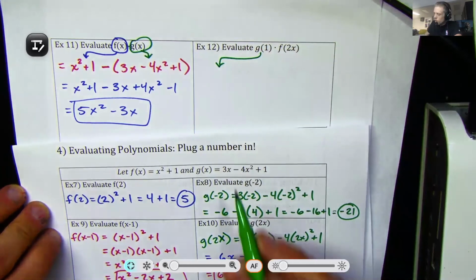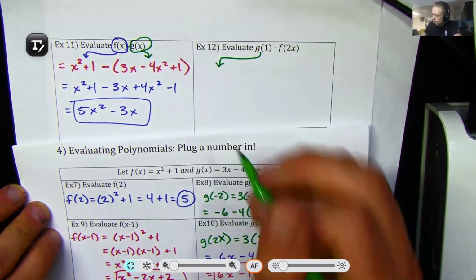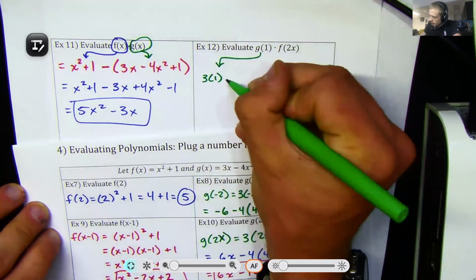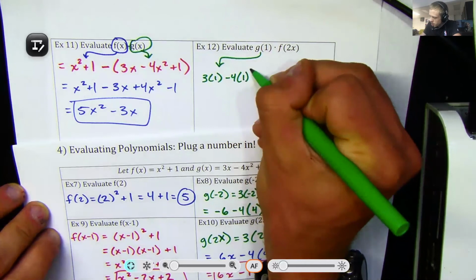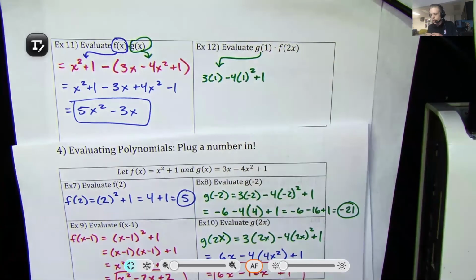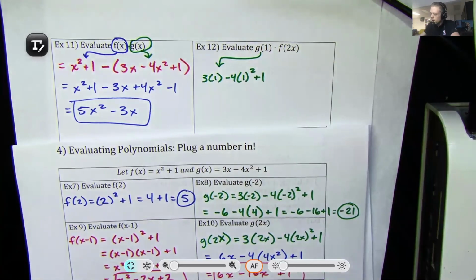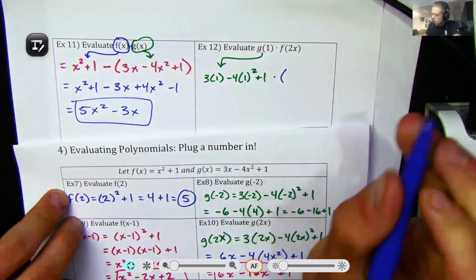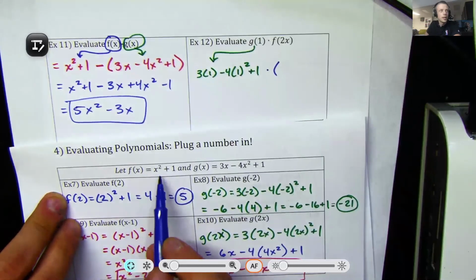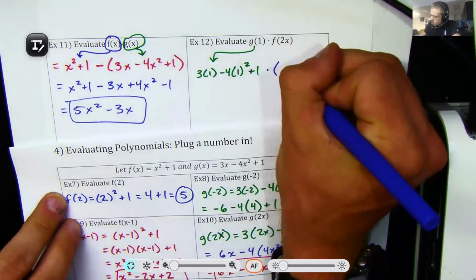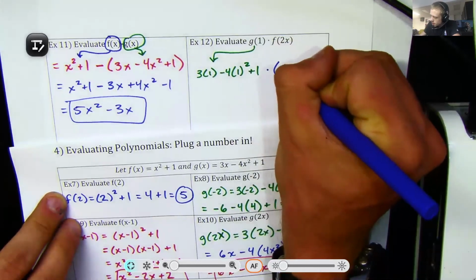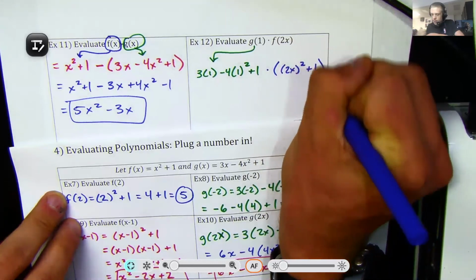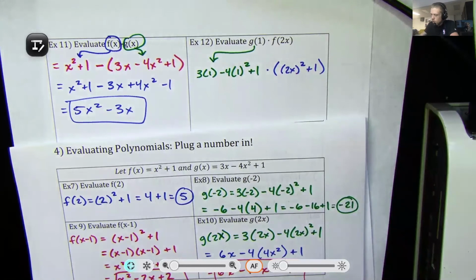Well, I'm going to plug 1 into g, so that looks like this. 3 times 1 minus 4 times 1 squared plus 1. And now, just to make it clear, I'm going to be multiplying that by f of 2x. So I'm going to plug in 2x to f. So I get, let's see, 2x squared plus 1. And I'm going to use parentheses here since I am multiplying.